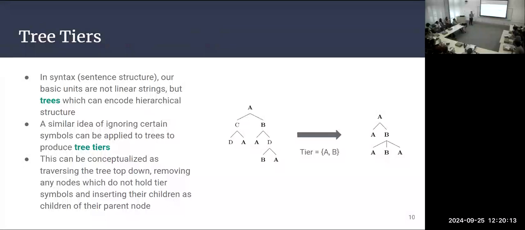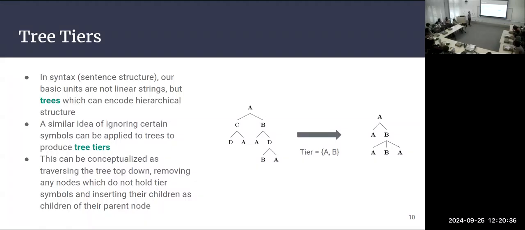So in syntax, we're not really talking about strings usually. When we talk about sentence structure, we typically want to encode some sort of hierarchical relationships. And so we use these structures called trees, which look basically like this, right? We can represent hierarchy where something is sitting above other things that it connects.